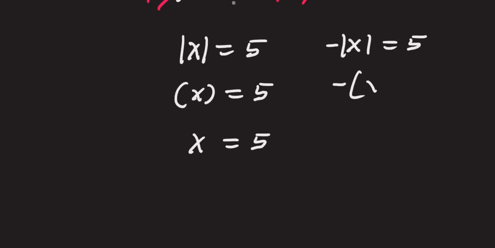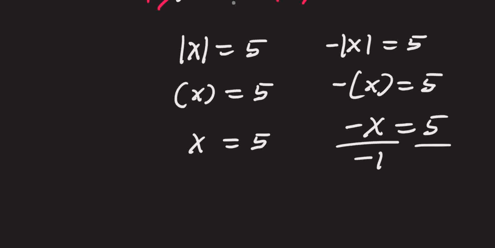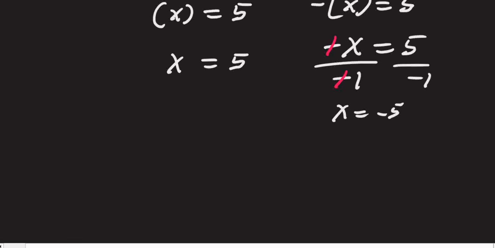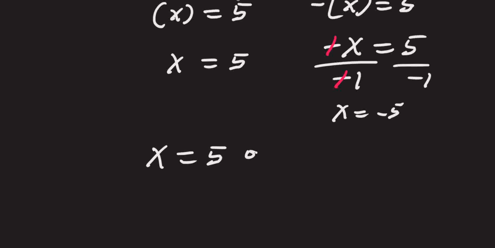Use a parenthesis, equate it to 5. Clear the parenthesis, negative x is equal to 5. Divide both sides by negative 1, and then negative is going to cancel negative from here, and x will be equal to negative 5. Therefore, x is equal to 5 or negative 5.